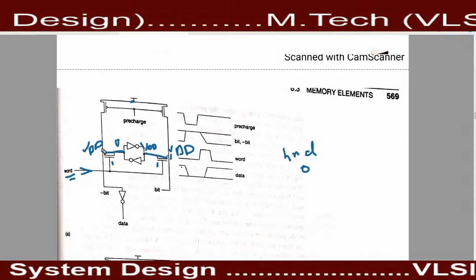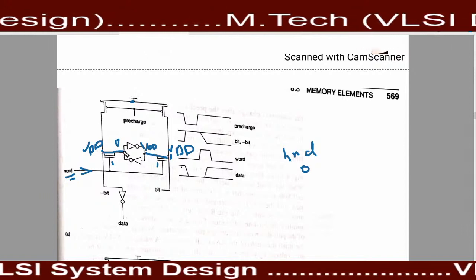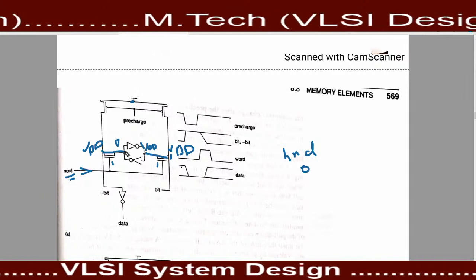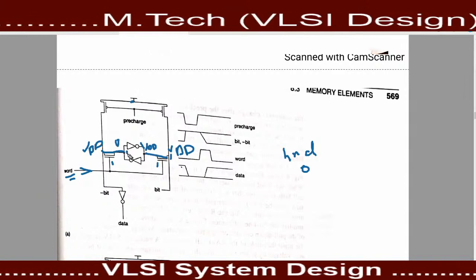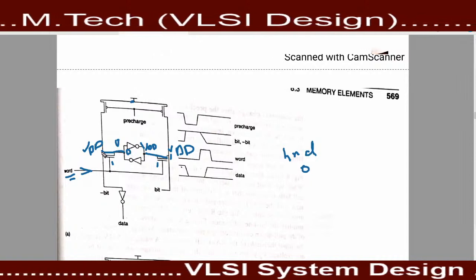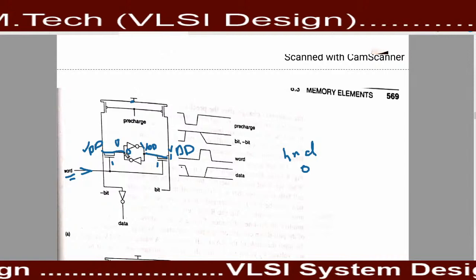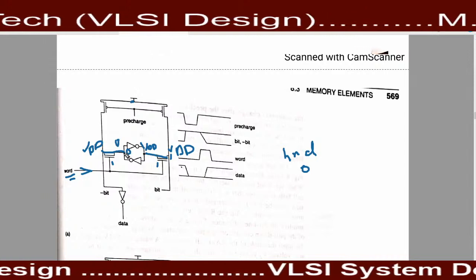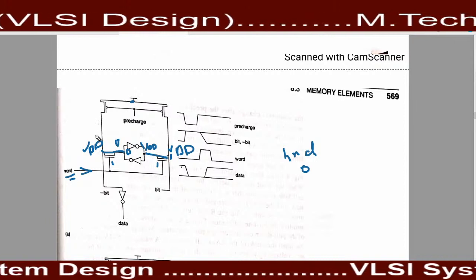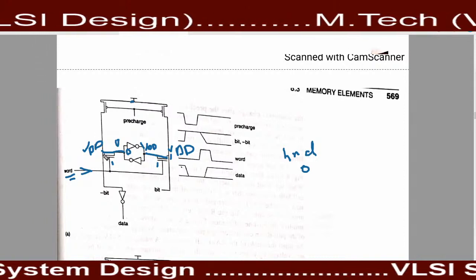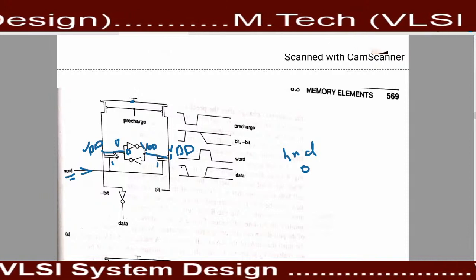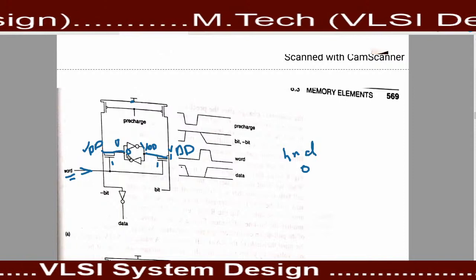But if we are discussing this terminal, because of this inverter, if VDD is present here, then here, at the ground portion, the potential will be 0. So on this side, in this type of transistor, one potential is VDD, and in this type of transistor, one potential is 0. That's why this whole VDD voltage will be dissipated from this side.